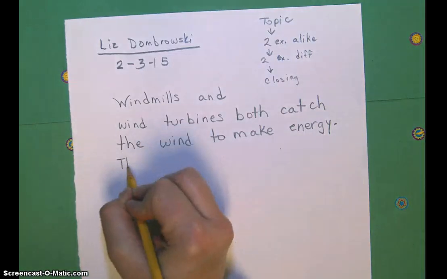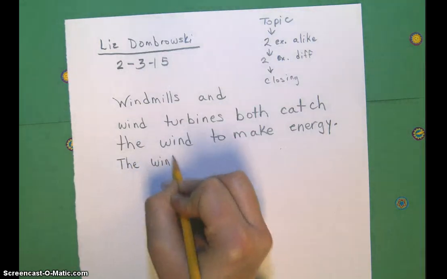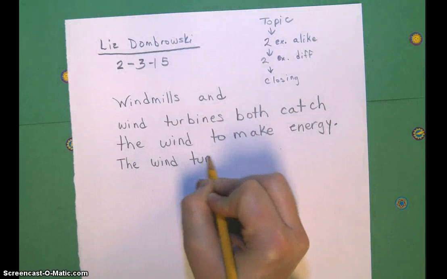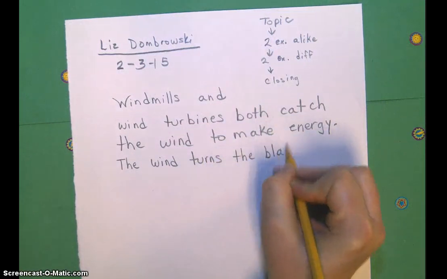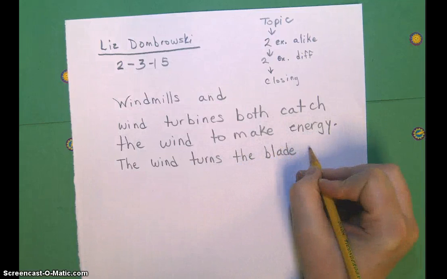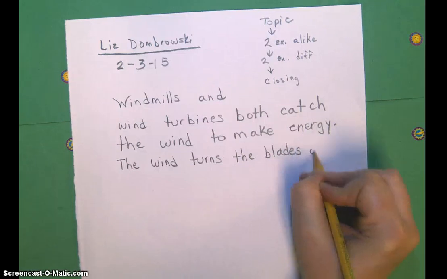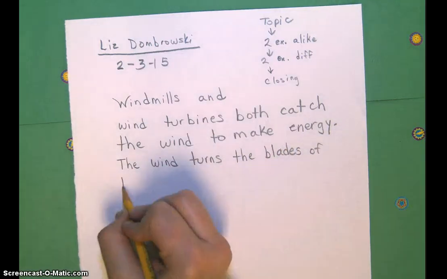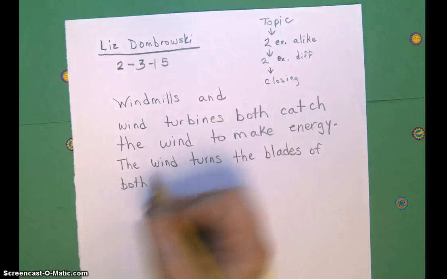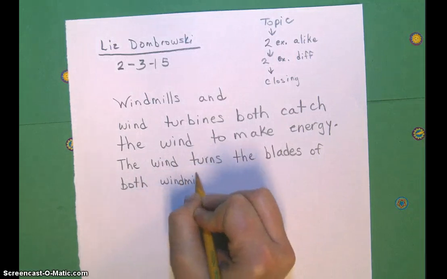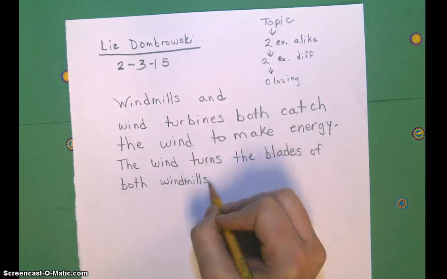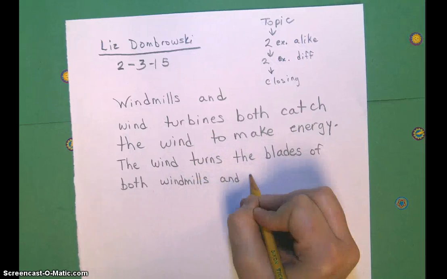The wind turns the blades of both, and I don't know what to call windmills. I could say structures of both structures, but I'm just going to write windmills and wind turbines again.